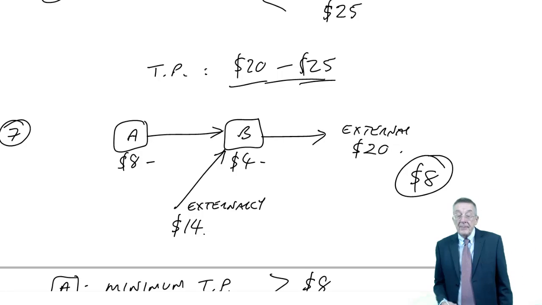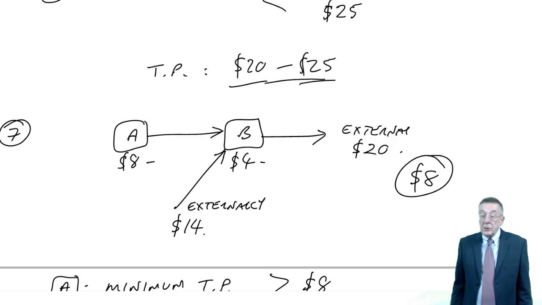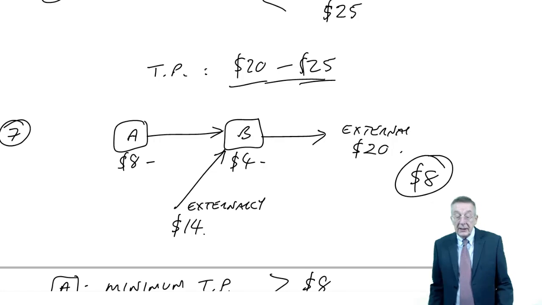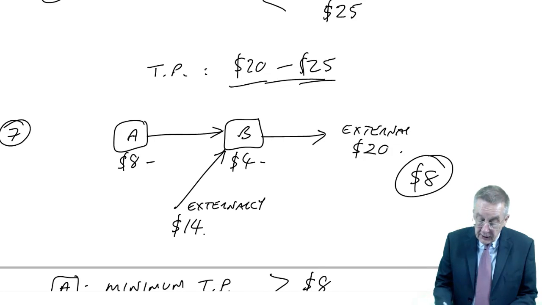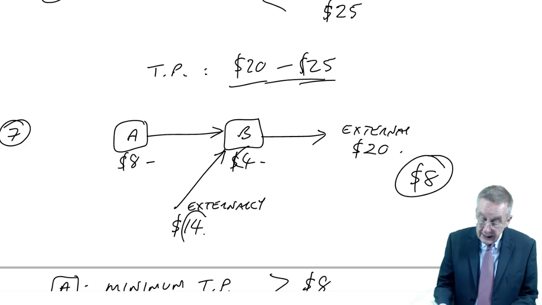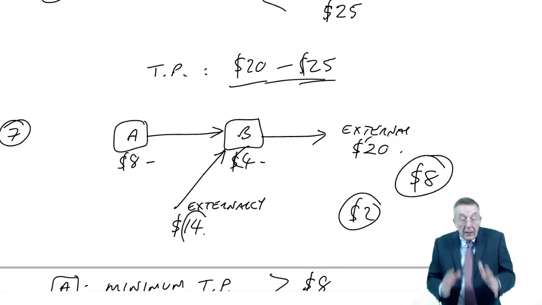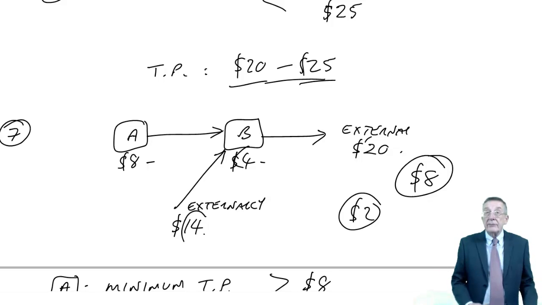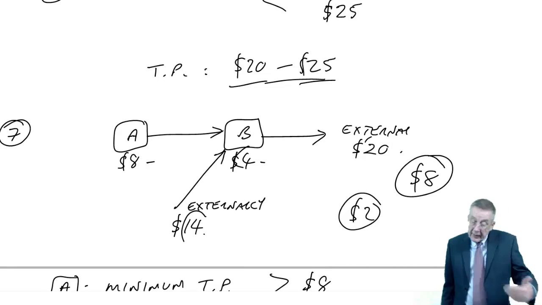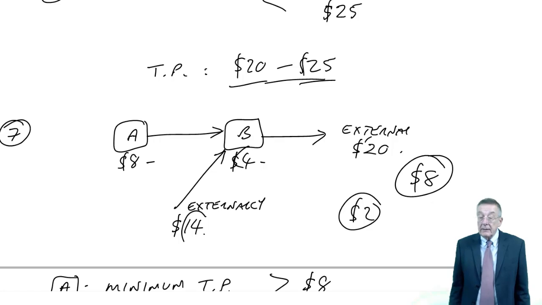On the other hand, if the transfer price was too high and B preferred to buy externally, then the cost to the company would be 18, sell for 20, it'd only be 2. So the company wants B to buy from A, provided the transfer price is less than 14, B will buy from A.